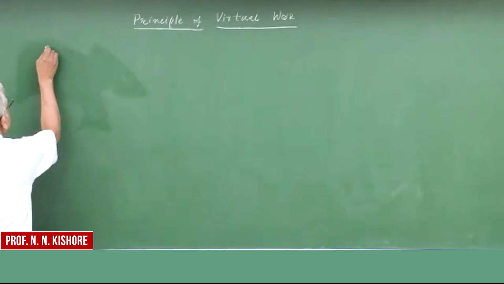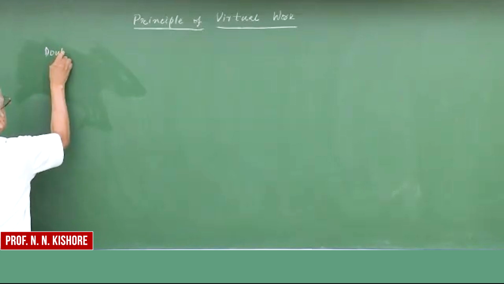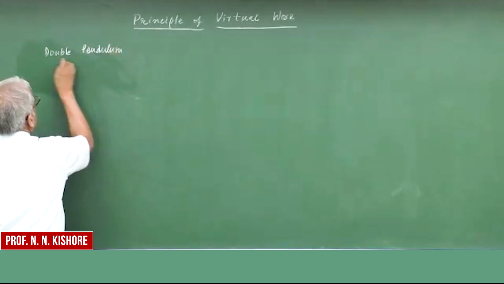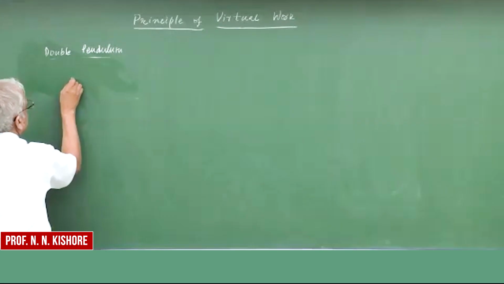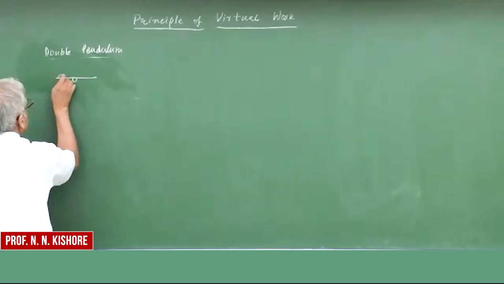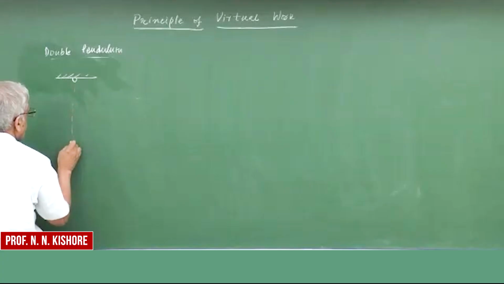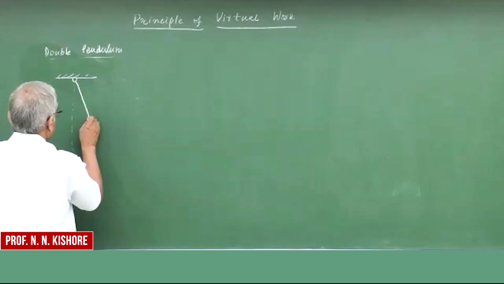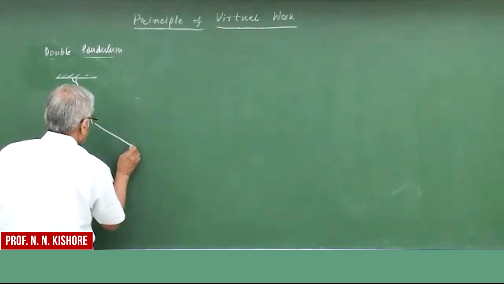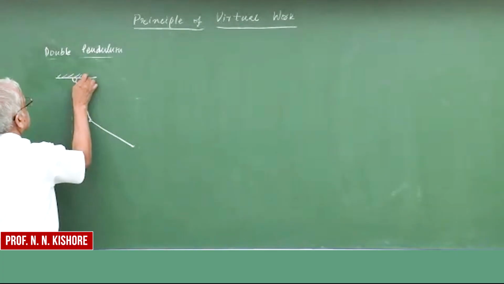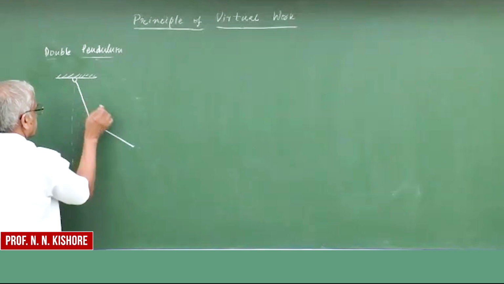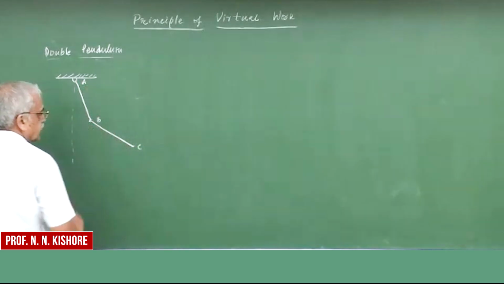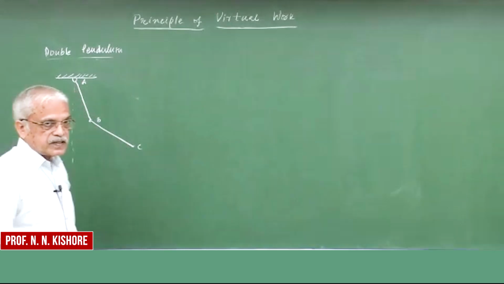Now let's slightly move into another problem, which is definitely of interest, the double pendulum. AB is one link and BC is the other link.